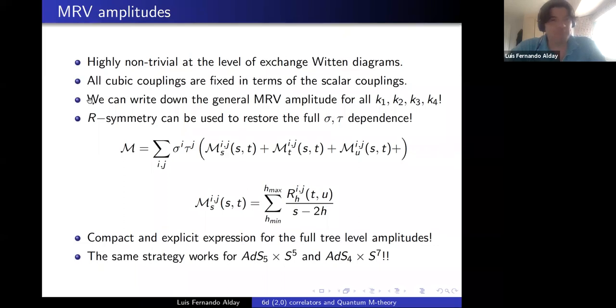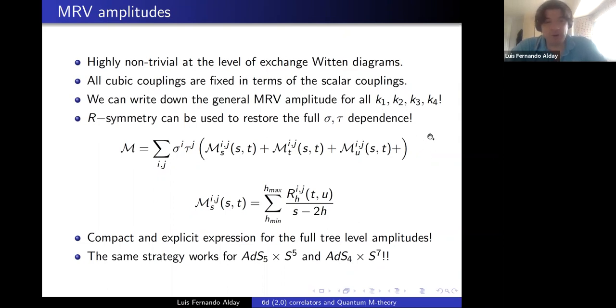And once you have realized that, you can write down the general MRV amplitude for all K1, K2, K3, K4. And just to answer your question, indeed, R-symmetry can now be used to restore the full sigma and tau dependence of the full amplitude. So the answer to your question is yes.